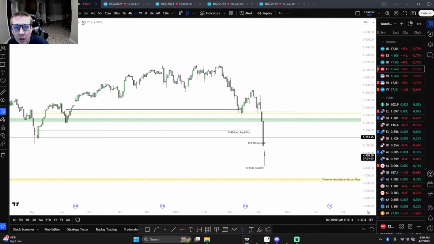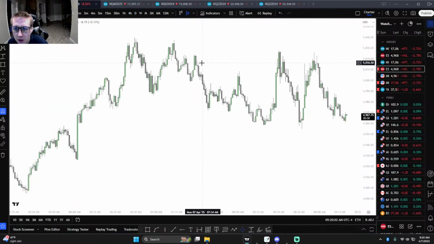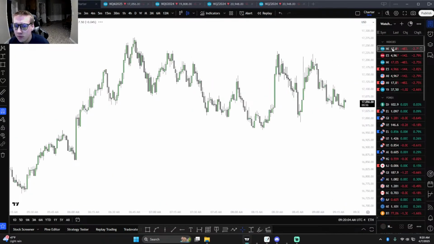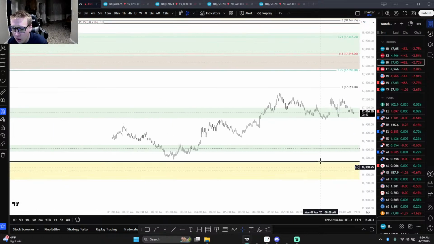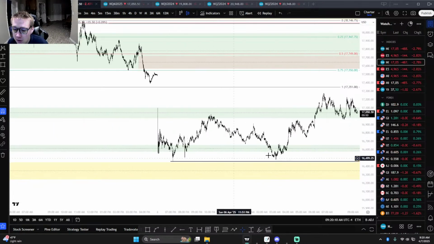And that's in a deeper discount for ES versus NQ. We're pretty much almost at that level. We're almost there, and we have relative equal lows there, and we also have previous day low here.